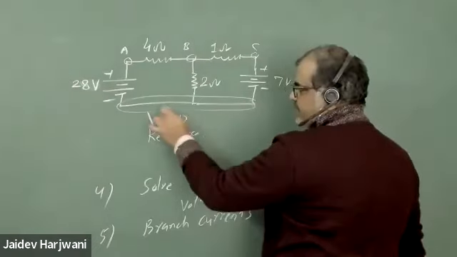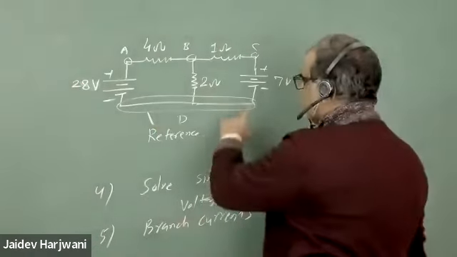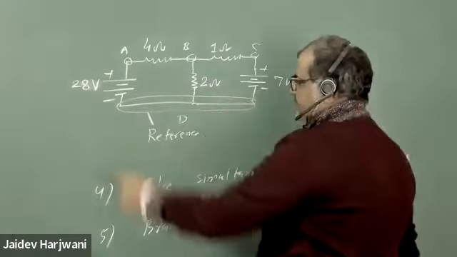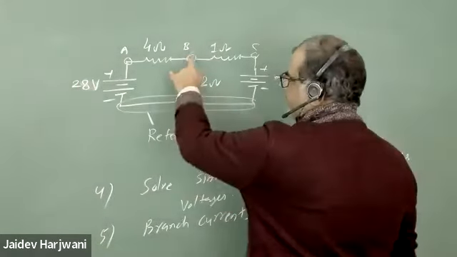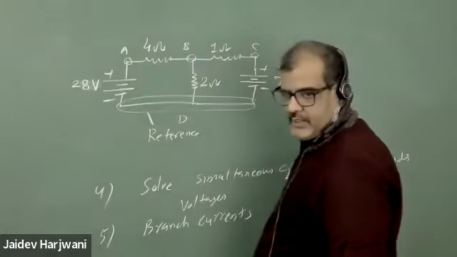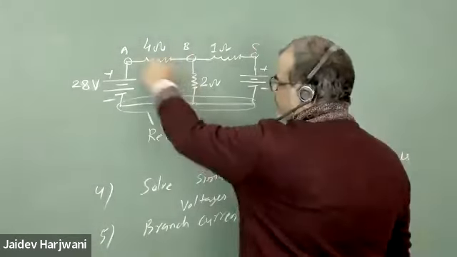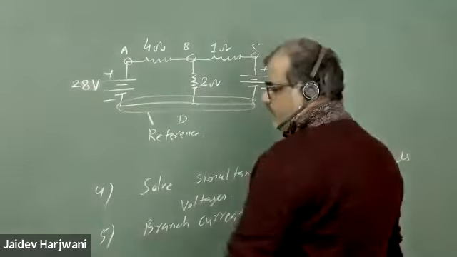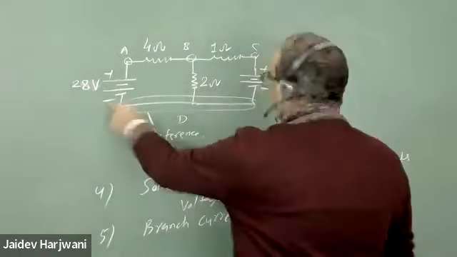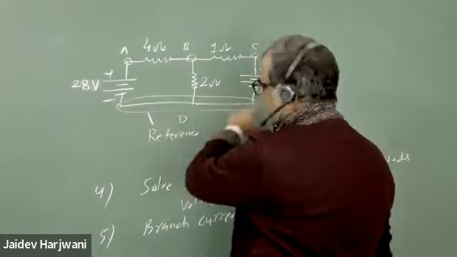So I'm choosing this as the reference node because it covers the maximum number of terminals. With respect to this node, I can find the voltage of any node. Try to take a node at the bottom, connected to the negative terminals of the batteries, or covering the maximum number of terminals.